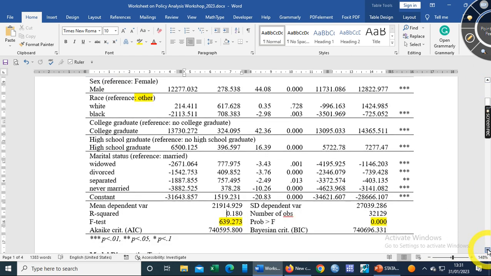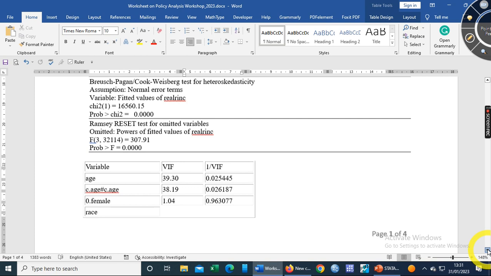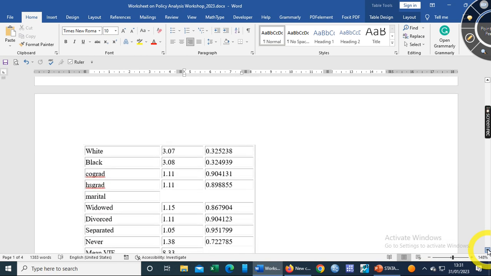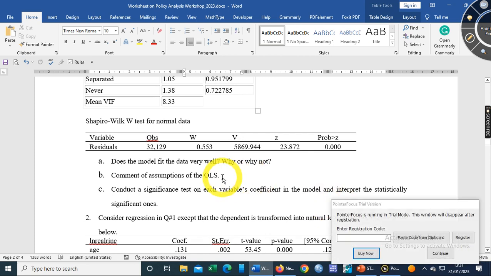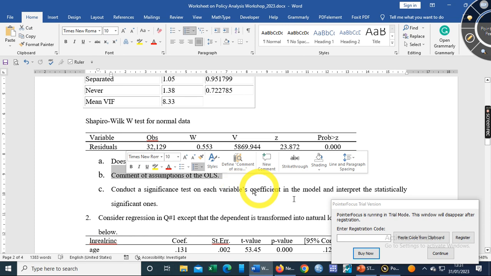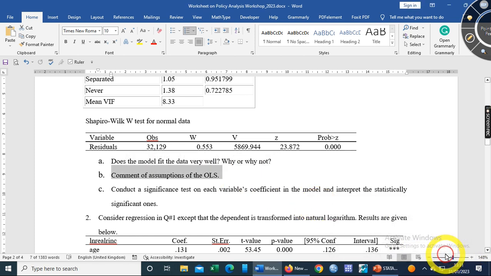When we come to question B: comment on assumptions of the ordinary least squares. Is there any violation of the assumptions of the classical linear regression model?